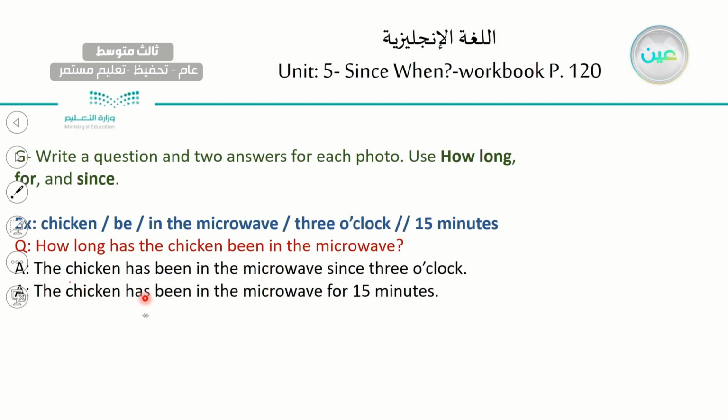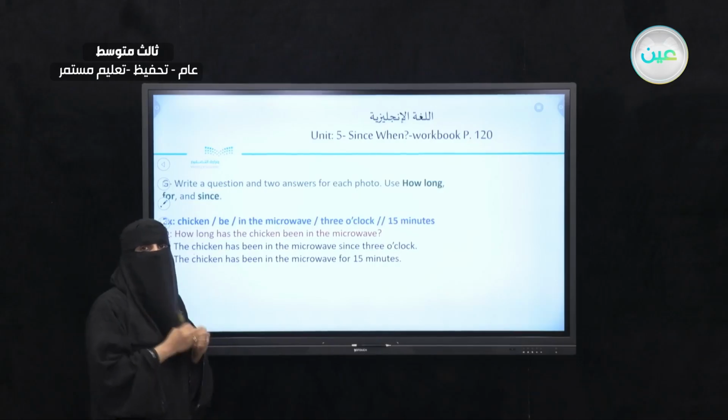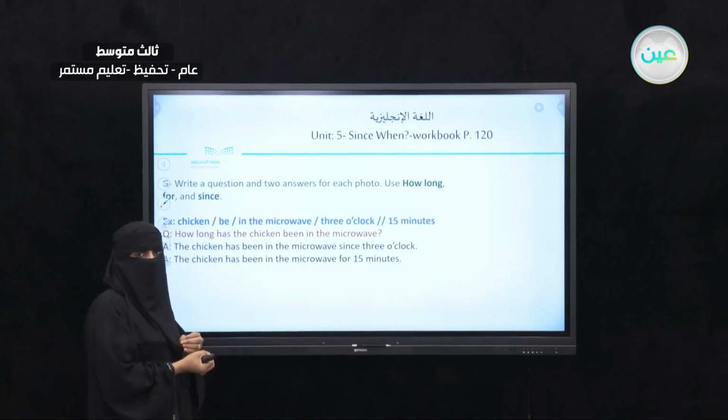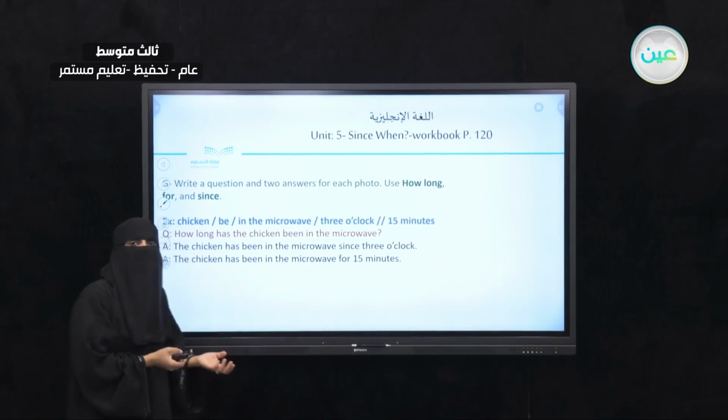Or the chicken has been in the microwave for 15 minutes. Okay, you have all the other exercises, I think 5 examples, and you have pictures. You have to look at the examples and form questions and form answers. One answer using since and the other one using for.